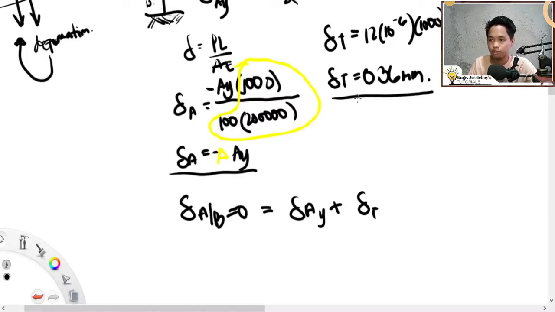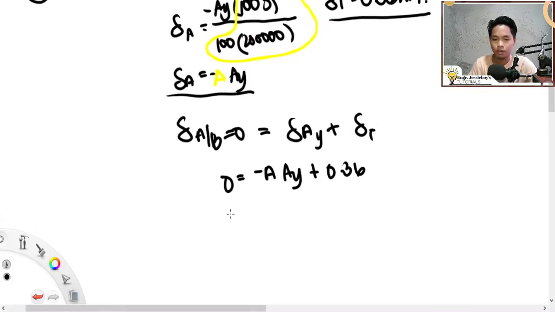Then your thermal stress, since our temperature increased, this would be an elongation. So therefore, 0 is equal to negative AY, whatever is stored in A, plus your thermal deformation, 0.36. Now we can have the value of your AY, which is equal to 7,200 Newton.